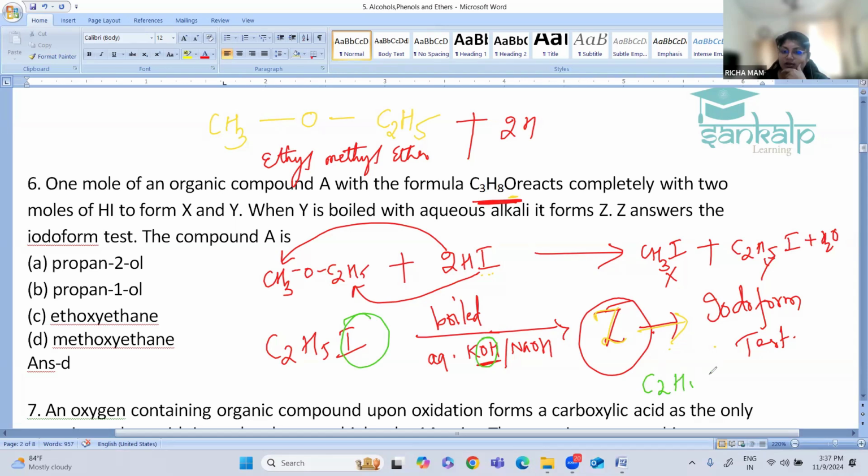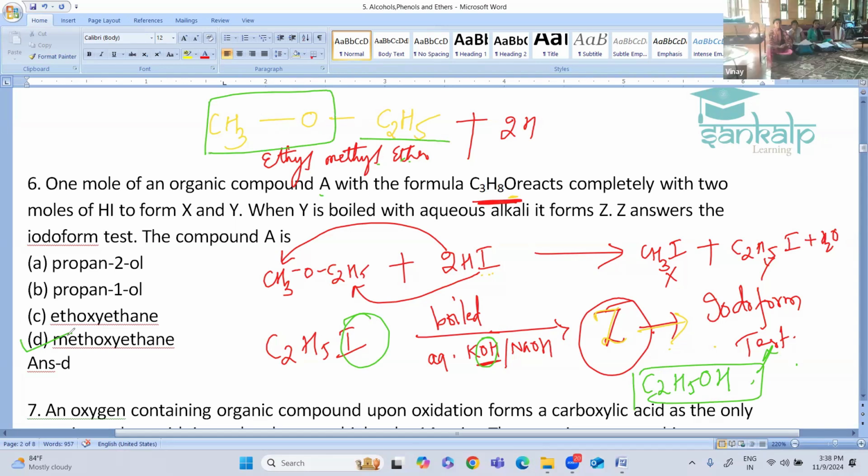I'm going to get ethyl alcohol, and alcohols will give a positive test for the iodoform test. So our answer is ethyl methyl ether, or methoxyethane. Option number D.